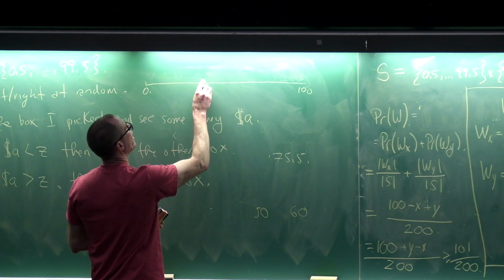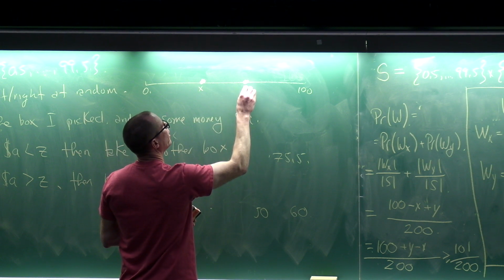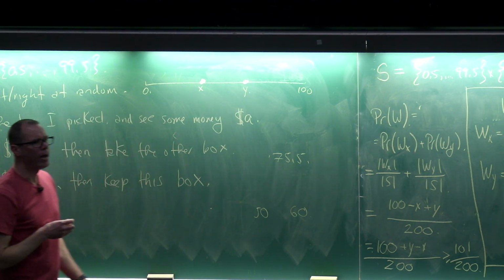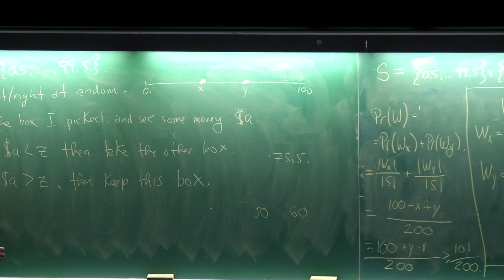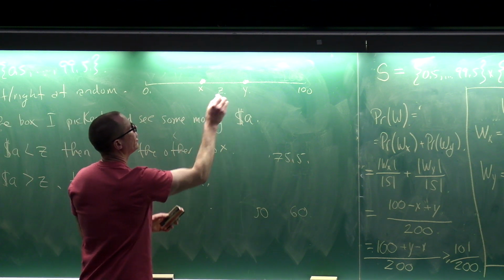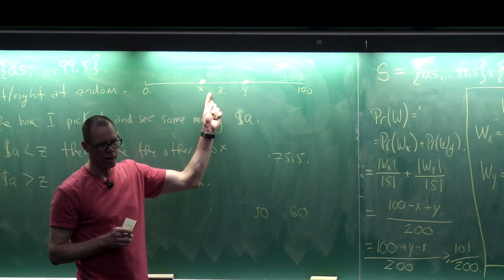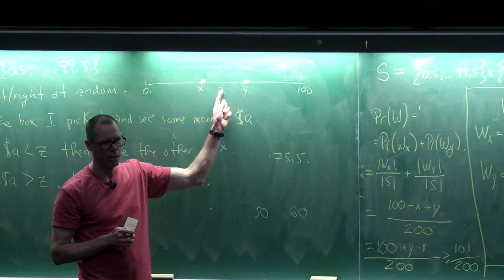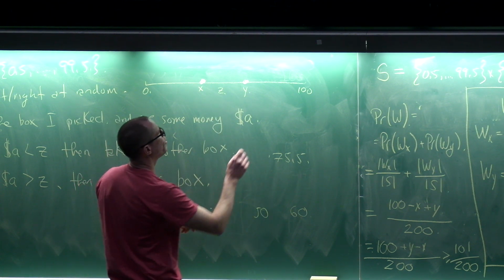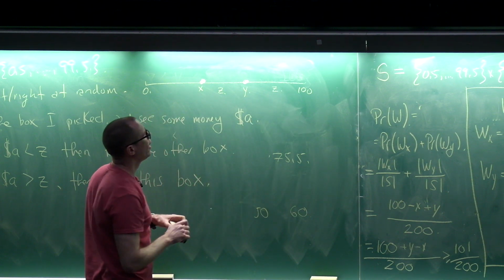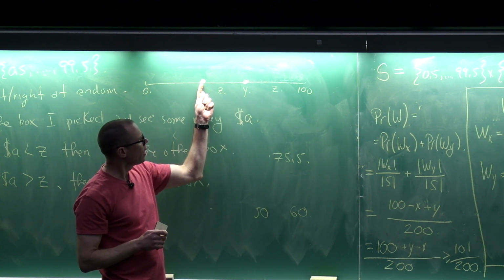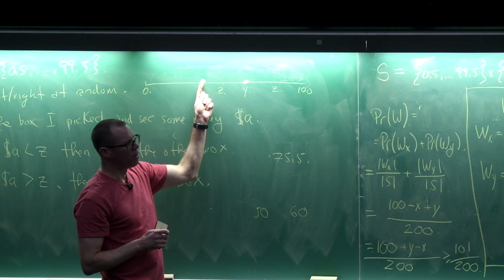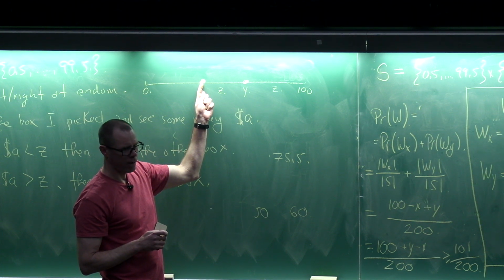Somewhere along this line, you've got x, and you've got y. And if you happen to pick your z that landed in between x and y, then it doesn't matter which box you open, you're going to win. On the other hand, if you picked your z over here, then you're only going to win if you open the box that said x.